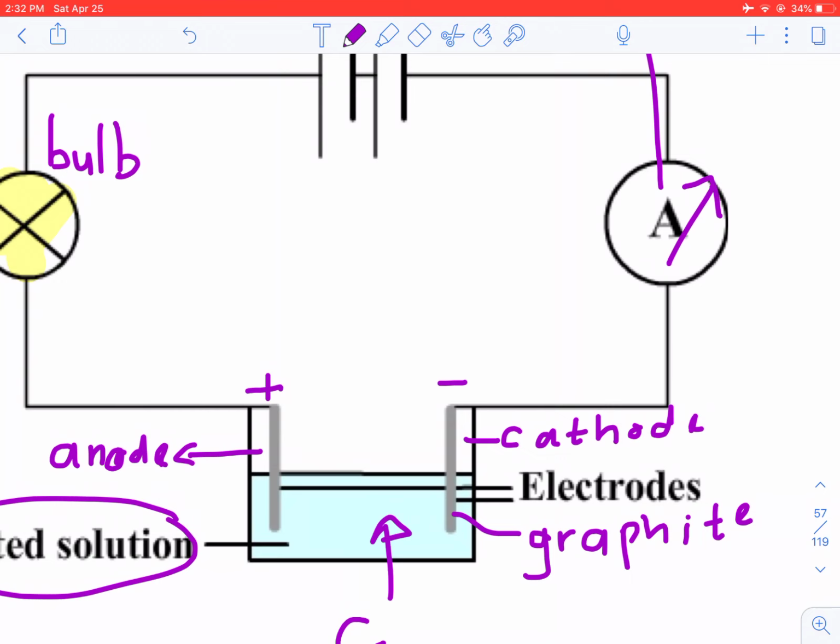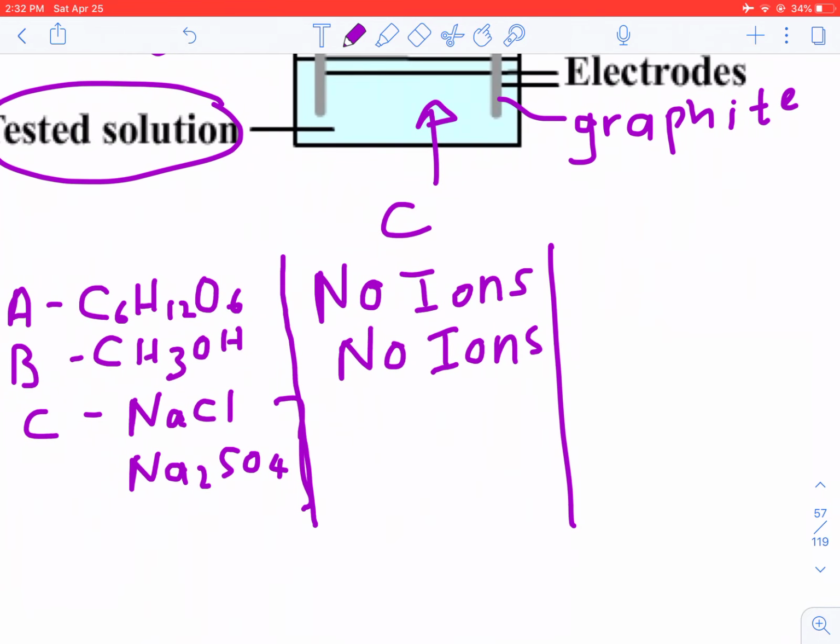So when I have C, there are ions in solution. Right, so when we have C6H12O6, we know that is a molecular substance.